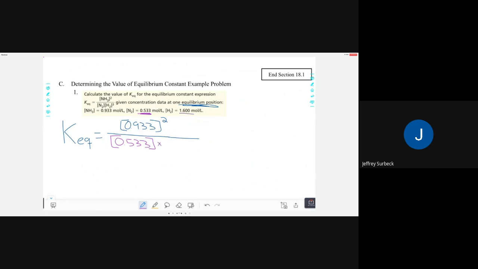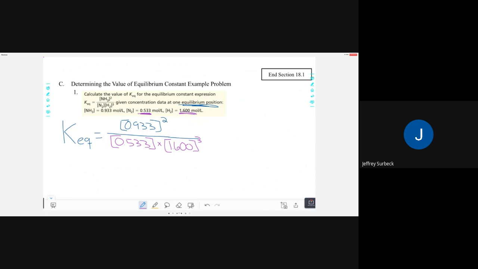Now the value of hydrogen, which is 1.600, raised to what power? Yep, the third. I write the power outside, but in your calculator, use parentheses and move the power inside.